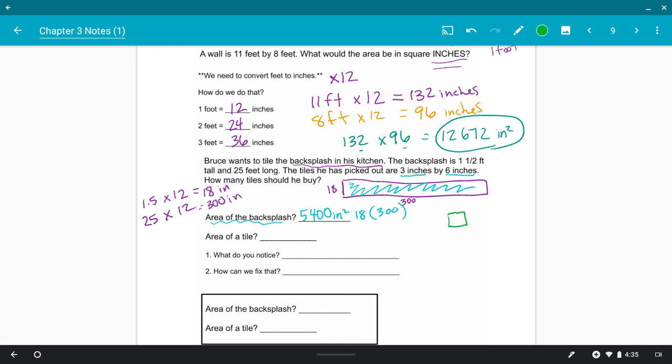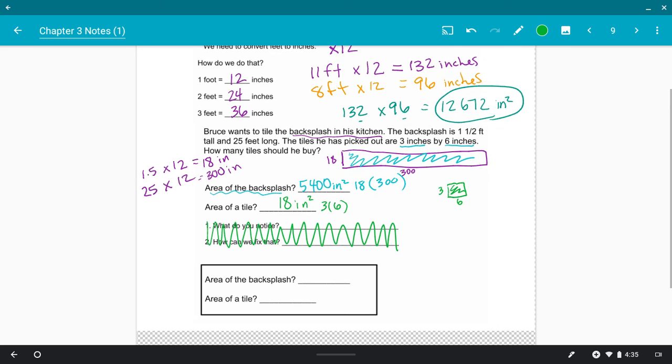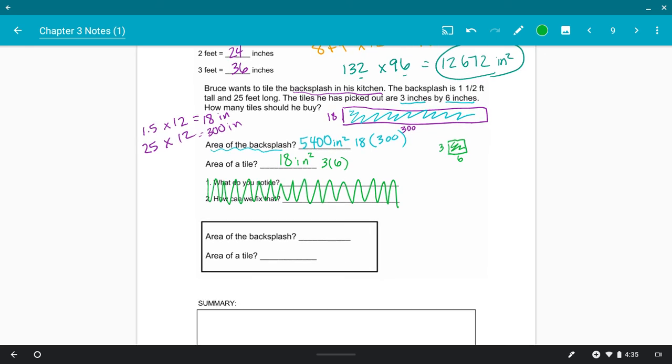So a tile is a small little thing. It's going to be 3 by 6 inches. So the area of that is 3 times 6, which is 18 square inches. So this is different. I already had us convert to inches. So what you would have noticed is that the units are different, but we converted already.